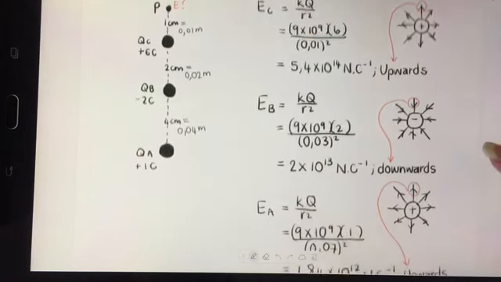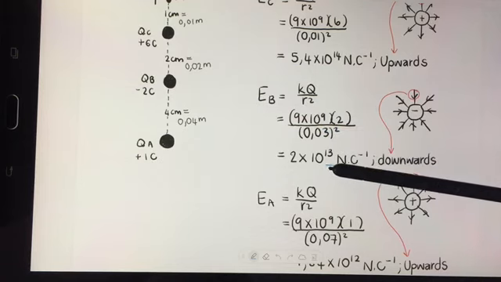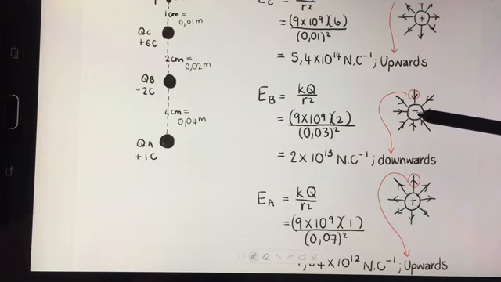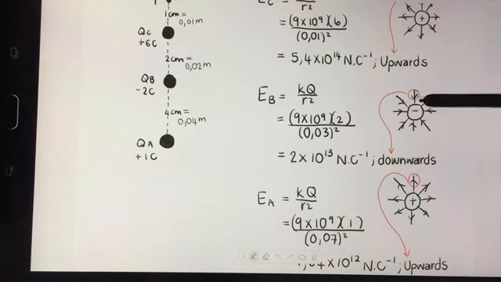So that is what I did over there, and that is how I got 0,03 squared, and that is the answer that I got there. Now, charge B, this one over here, carries a negative charge. So what is the direction of the field going to be over there? It is going to be towards the charge. It is going to be downwards, because I always look at what a positive test charge will do.